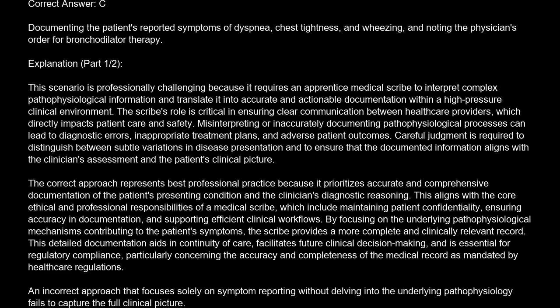The scribe's role is critical in ensuring clear communication between healthcare providers, which directly impacts patient care and safety. Misinterpreting or inaccurately documenting pathophysiological processes can lead to diagnostic errors, inappropriate treatment plans, and adverse patient outcomes. Careful judgment is required to distinguish between subtle variations in disease presentation and to ensure that the documented information aligns with the clinician's assessment and the patient's clinical picture.